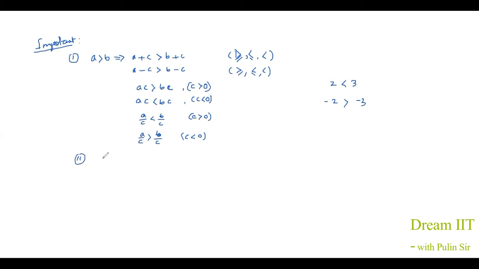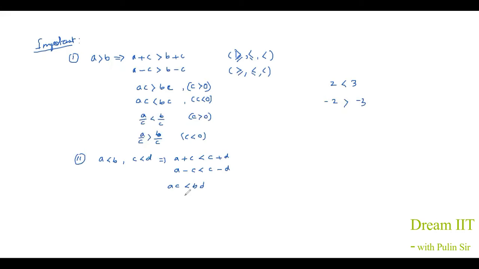Similarly, if you want to add two different inequalities, be very clear that they should be in the same direction. Like if it is less than, this should also be less than, then you can add and subtract, and the inequality will remain the same. And of course, you can multiply also, but there are some conditions.